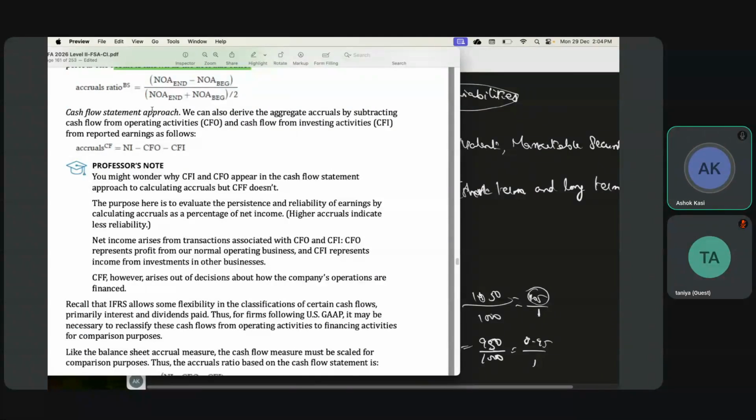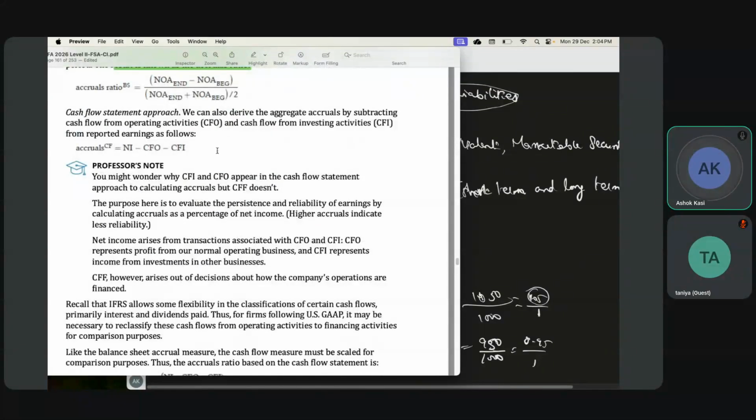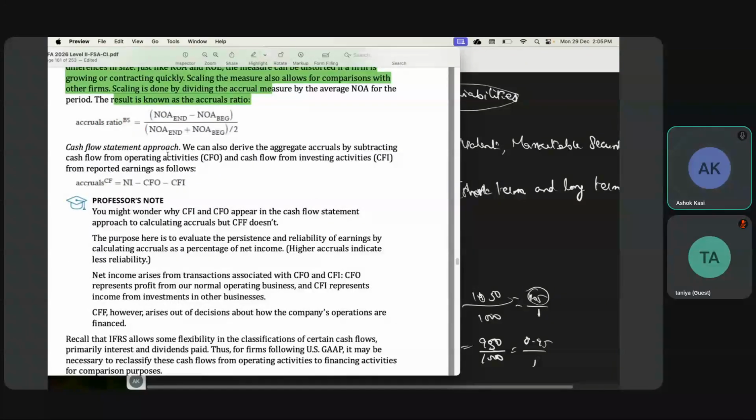Then similarly, this one, the cash flow statement. Net income minus CFO minus CFI.